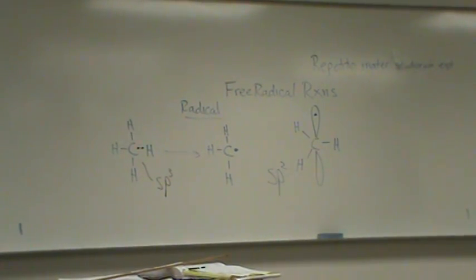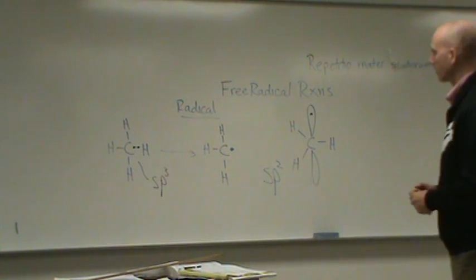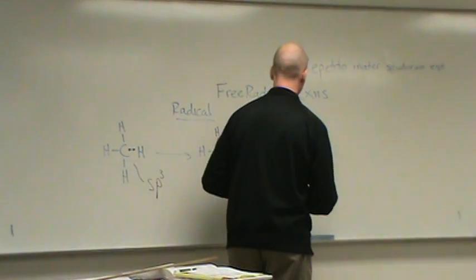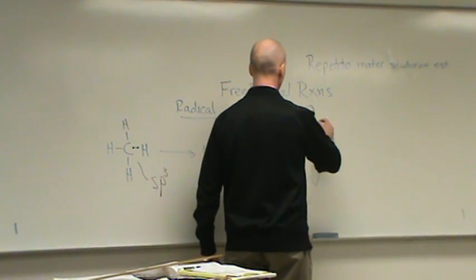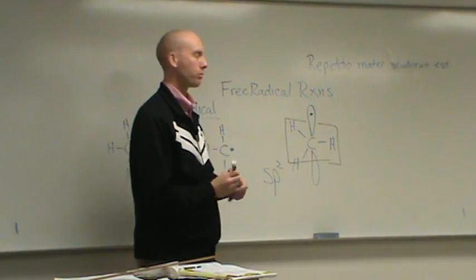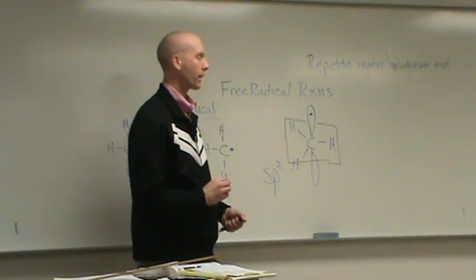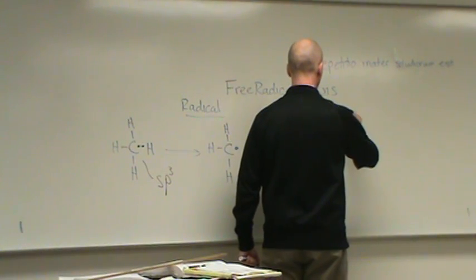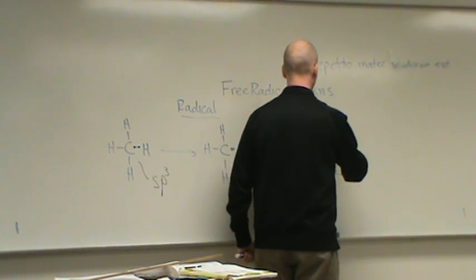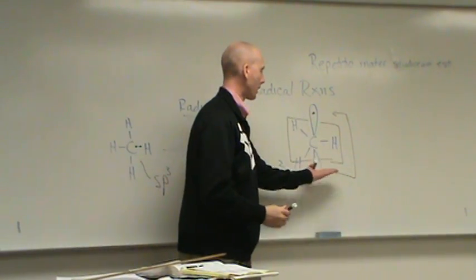So you can write it down. All radical sites are sp2 hybridized. So what does that mean? That means that these 3 hydrogens are in the same plane. So it's flat, it's planar. So what did we learn here? That the radical has a top face and a bottom face.